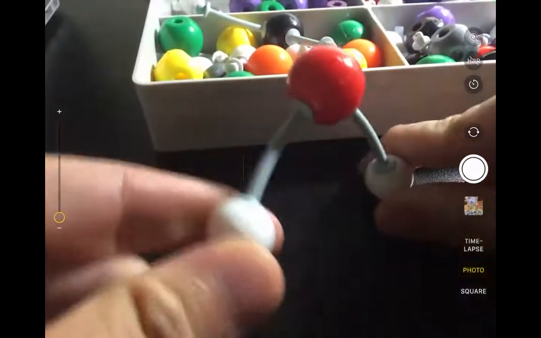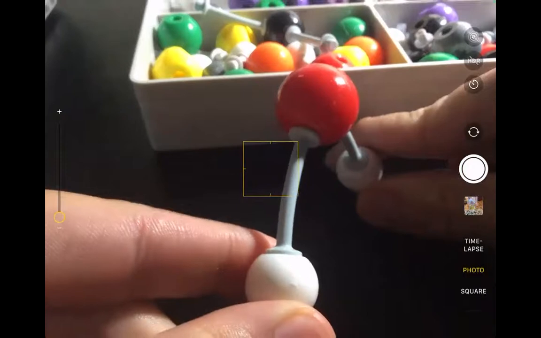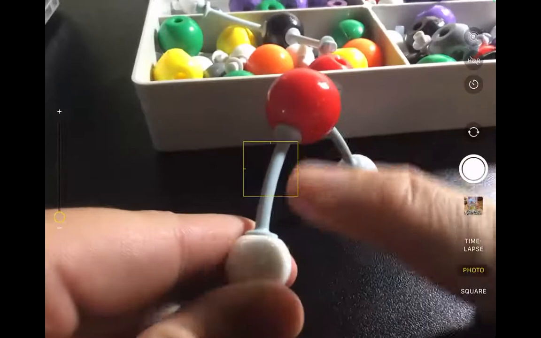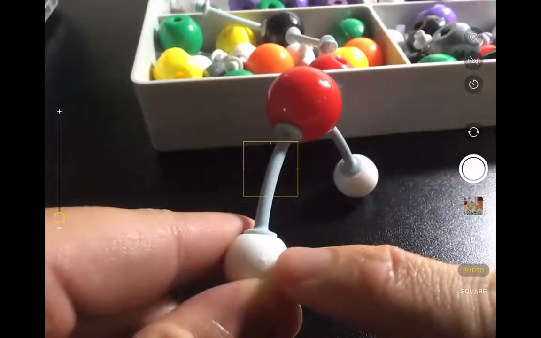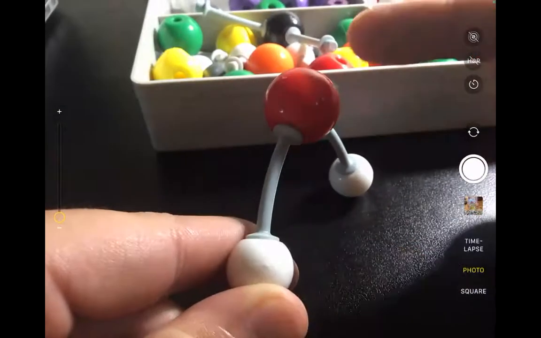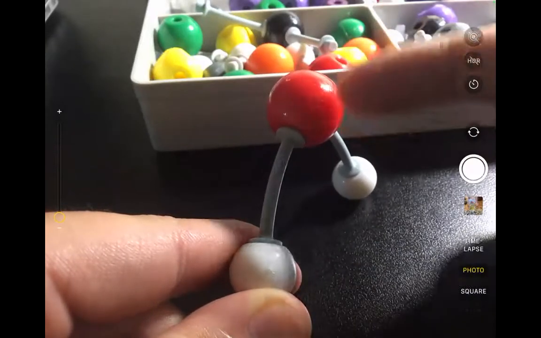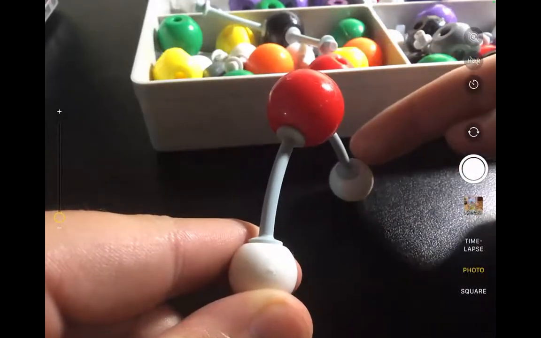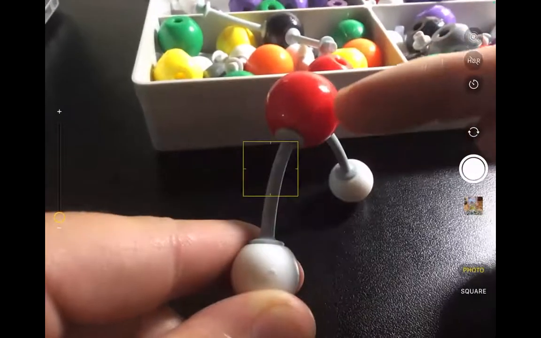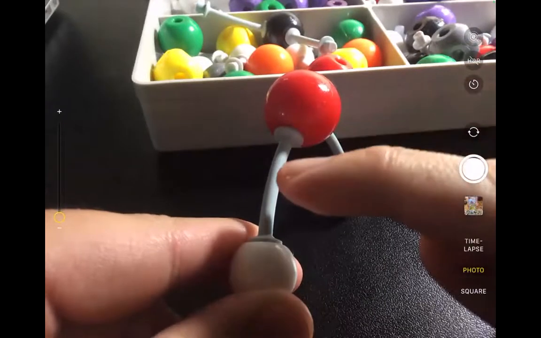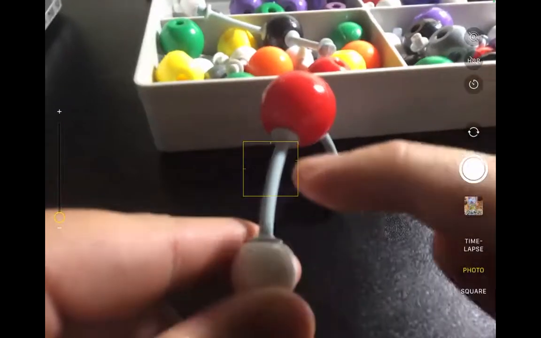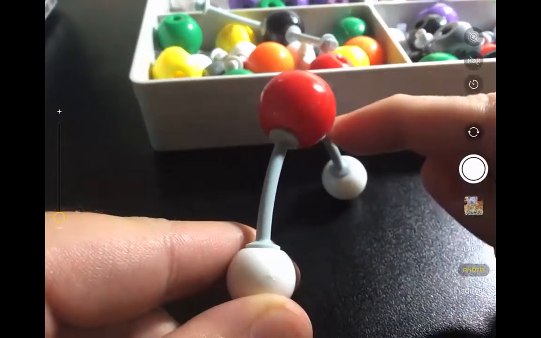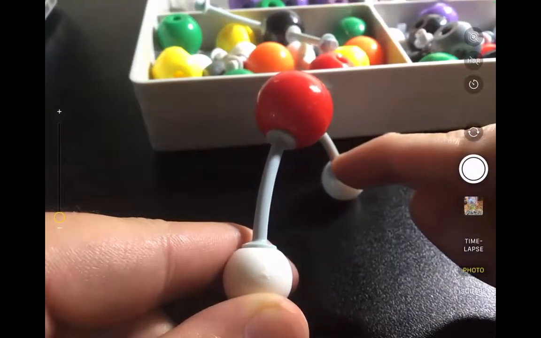Now, if I were to rotate it in this perspective, if you guys are looking at my camera, notice how this white sphere under this rotation is in front of the red sphere. And so this white sphere is behind the red sphere. And so if you guys are drawing it under this perspective, then this bond is going to be a wedged line, and then this bond is going to be a dashed line.